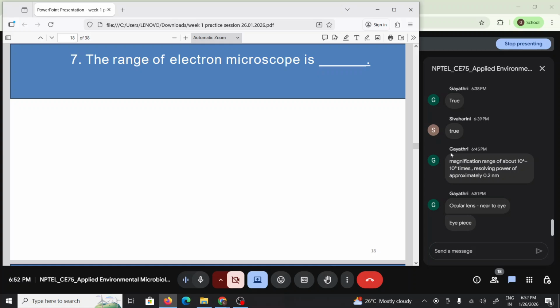So magnification, magnifying power is one important concept in microscopy, and the next one is the resolution or resolving power. So resolution is the ability to distinguish between two closely spaced points, which means I have a point A. Let's say there is a dot here, right?